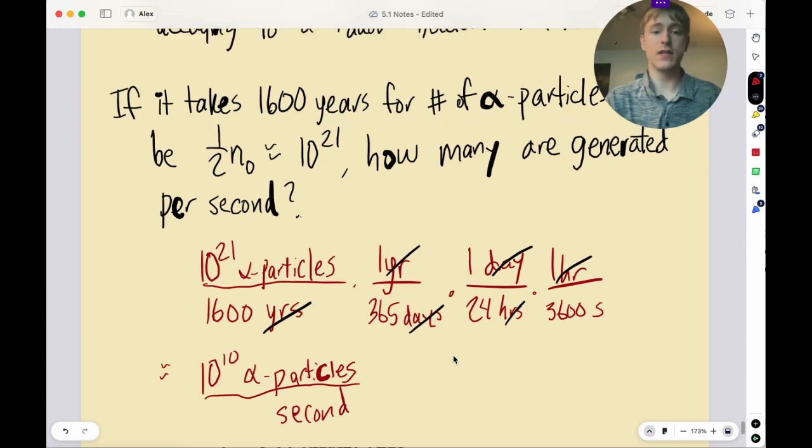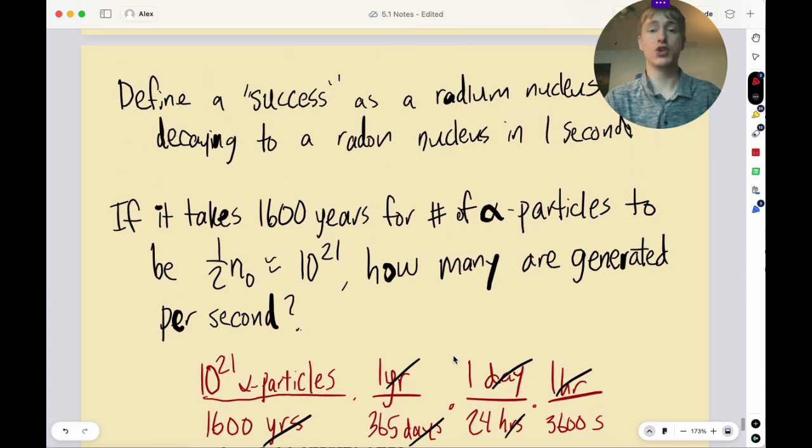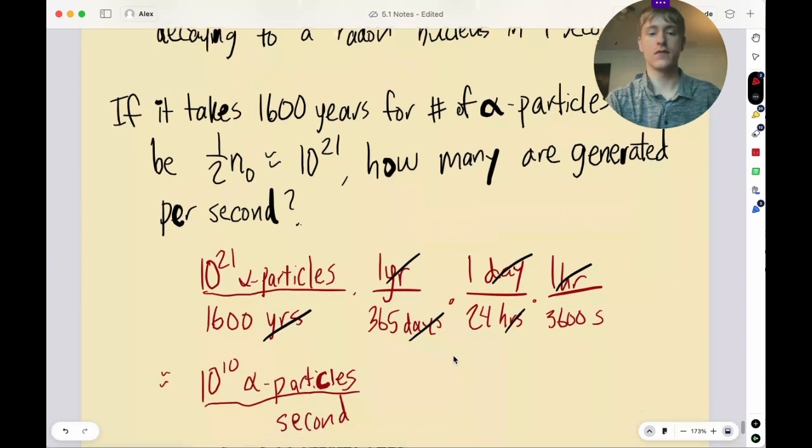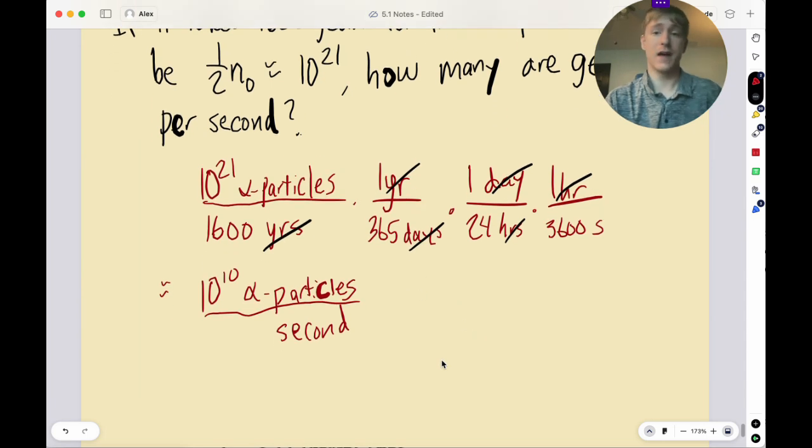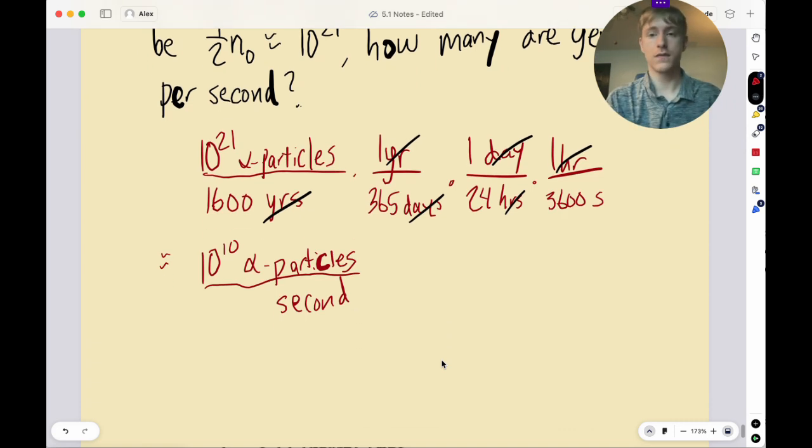So again, if we define a success as just one of those alpha particles being generated, and it turns out that 10 to the 10 are being generated per second, then we can find the probability of success. We can find that fairly easily.